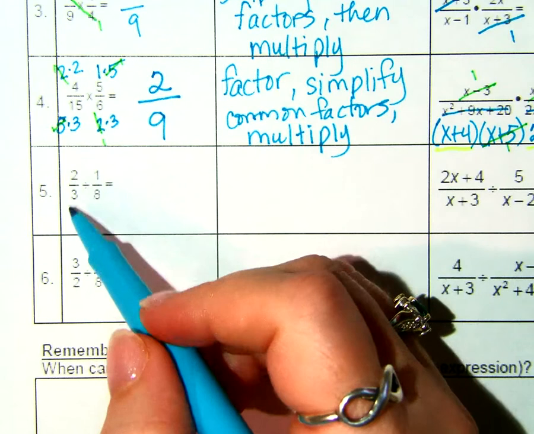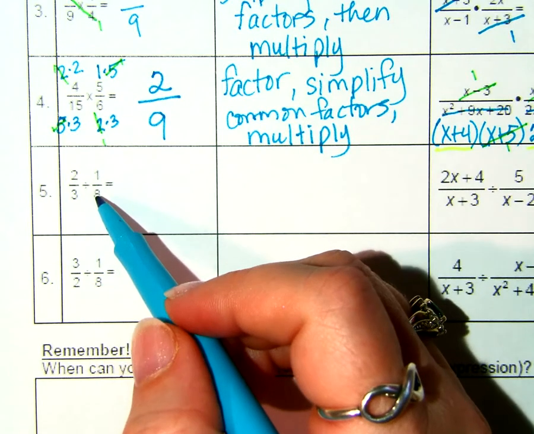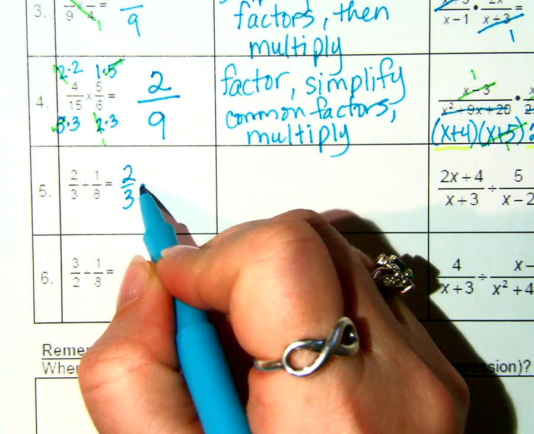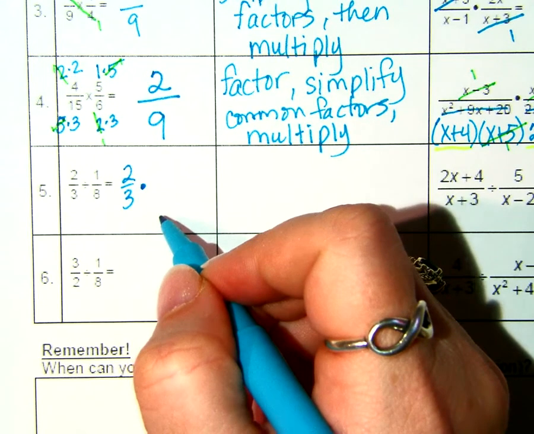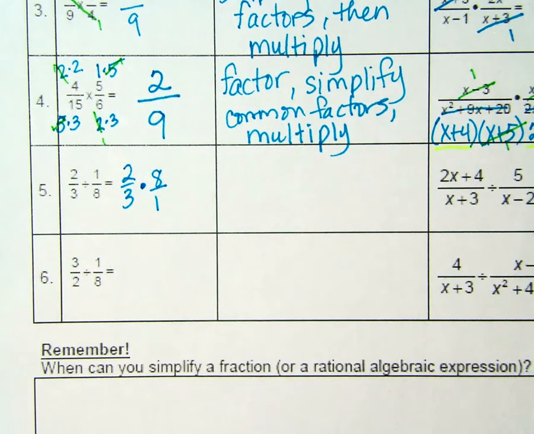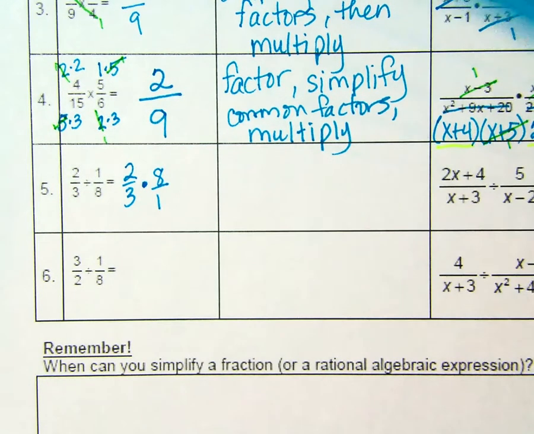I'm saying 2/3 divided by 1/8. It's now going to become 2/3 times what? 8. Well, you can say 8 over 1. Probably don't say 8/1, but that was a good try. Okay? And then what do we do now? All of our regular multiplication rules that we've been talking about right up here.